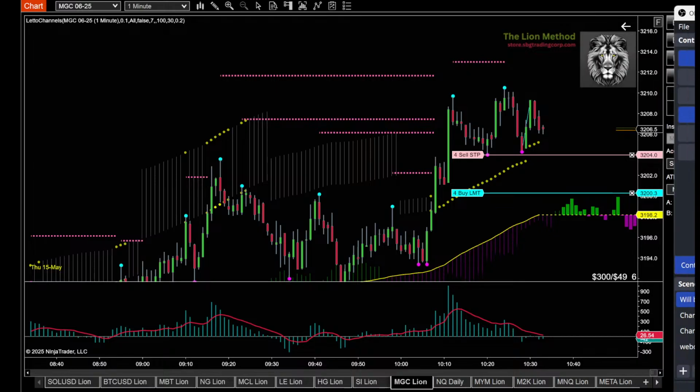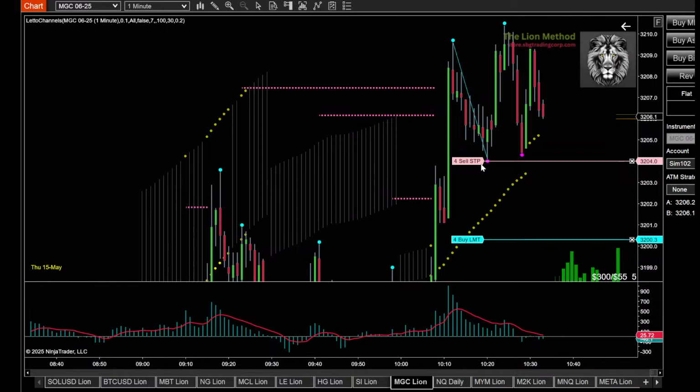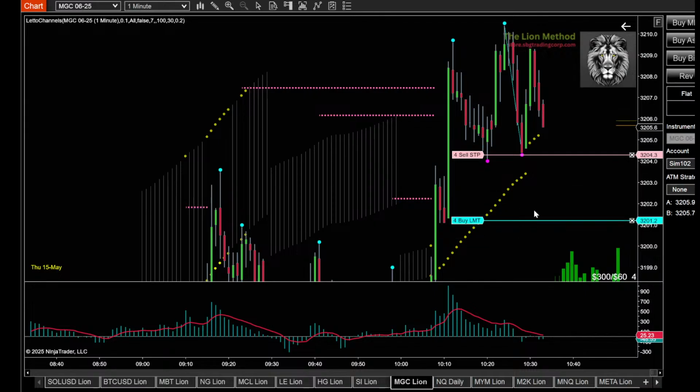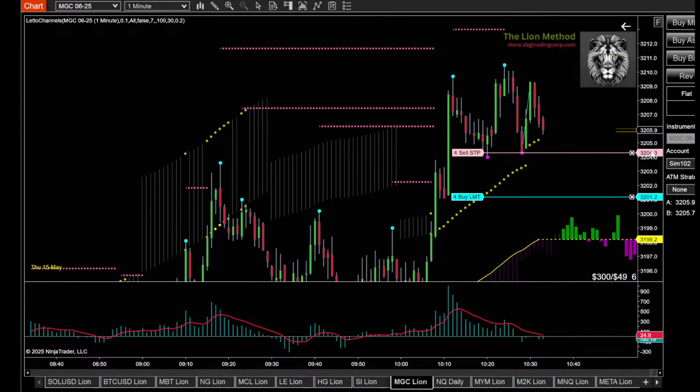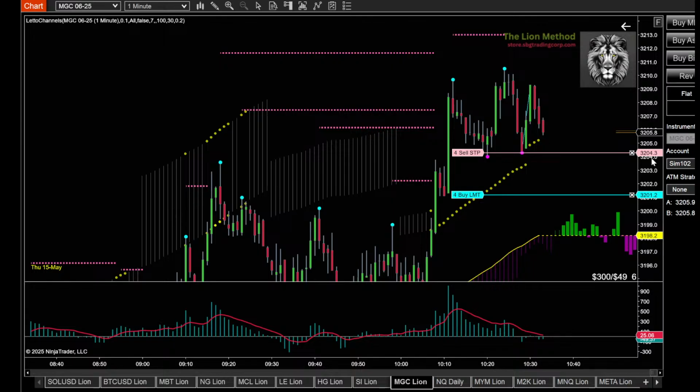All right, we're still waiting to get short here in micro gold. 4 contracts going short. We do have a new short price. I'm going to move that up. Now we're at a little bit higher, going short at the 3204.3. Let's see if gold cooperates.